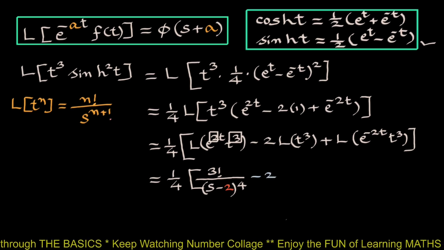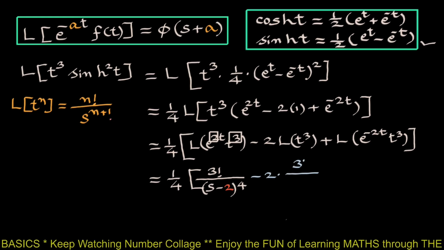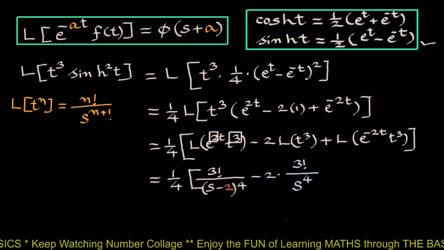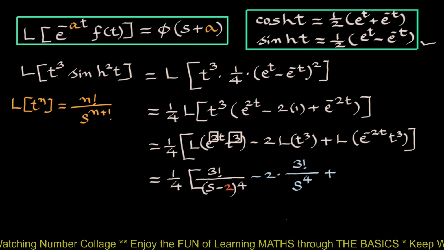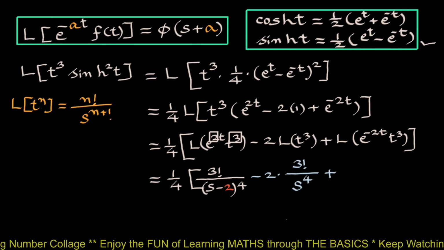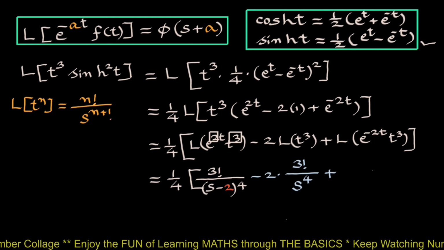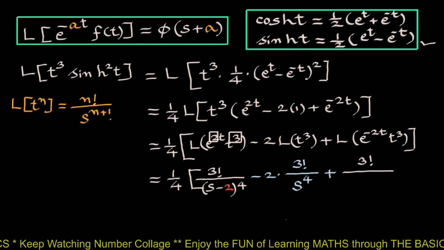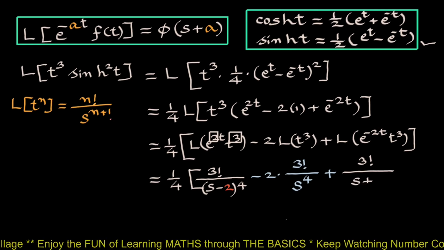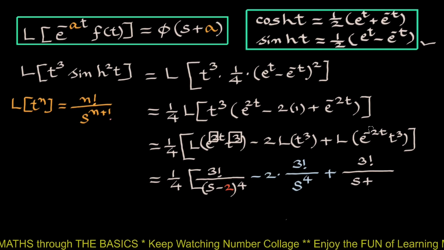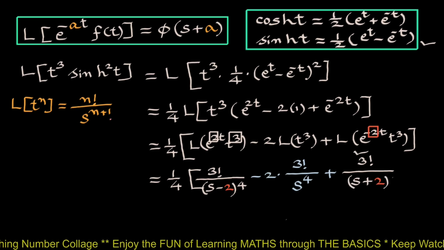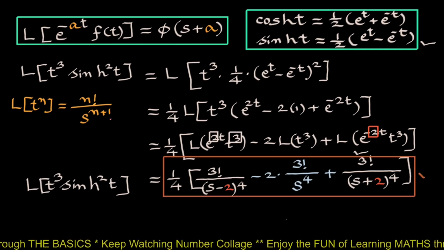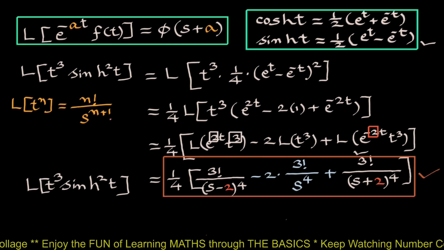Laplace transform of t cube will be 3 factorial upon s raised to this 3 plus 1, 4, plus Laplace transform of e raised to minus 2t into t cube will be 3 factorial upon s raised to 4, but s will be replaced by s plus this 2 whole raised to this 3 plus 1, 4. This can be further simplified to get the most simplified answer.